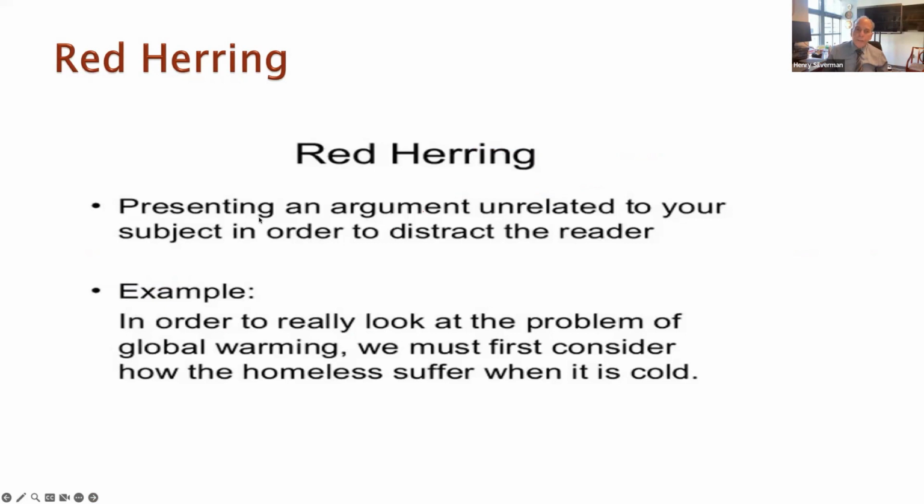Again, another example, in order to really look at the problem of global warming, we must first consider how the homeless suffer when it's cold. Well, how the homeless suffer when it's cold is not an argument to claim that global warming is going to be a problem.